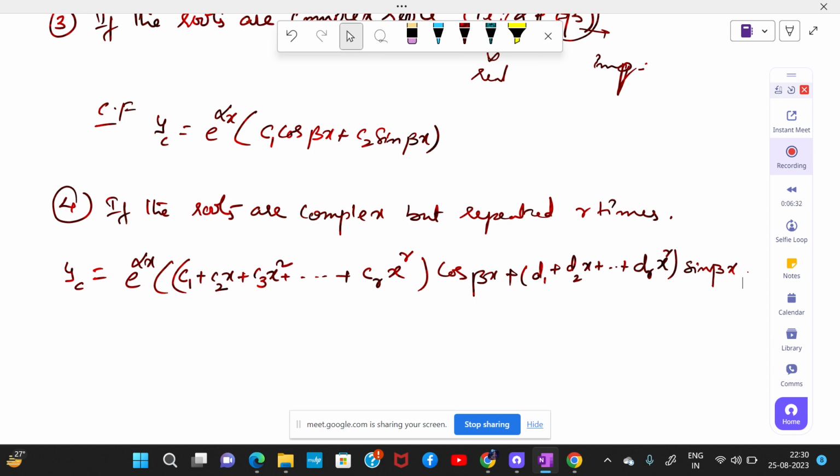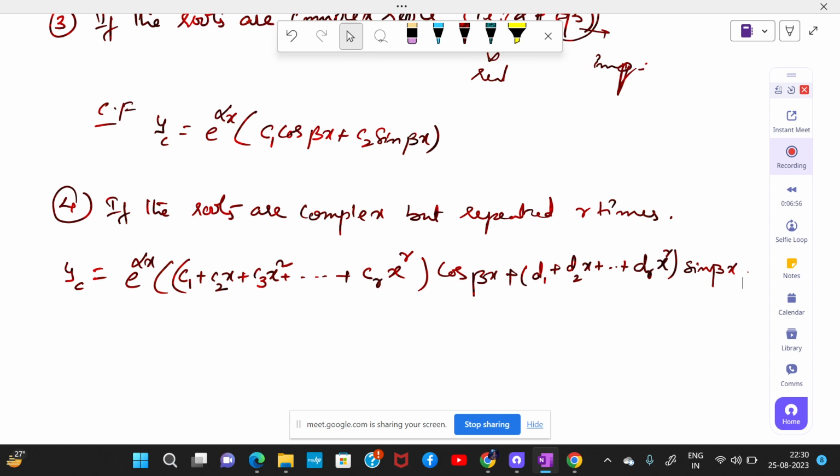I will tell you the easiest way. If f(a) is becoming 0, in that case you're going to multiply your numerator by x and differentiate your denominator with respect to D. Again you substitute D is equal to a. If it's not coming as 0, then that is going to be your required PI.